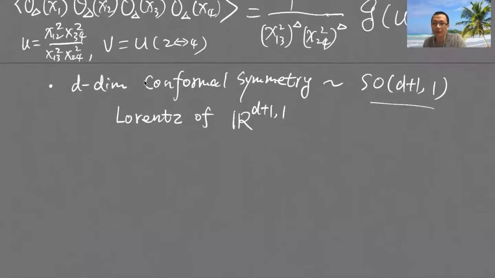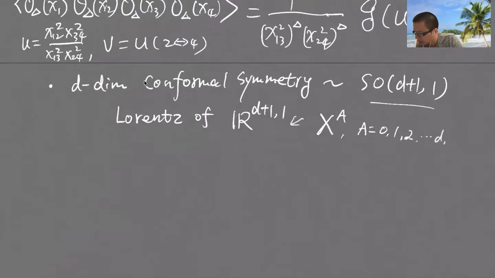So the generator SO(D+1,1) can be, let me write the coordinate of this space as a capital X, say X^A, where A runs from 0, 1, 2, up to D and D+1, where μ is where the D-dimensional conformal symmetry lives.